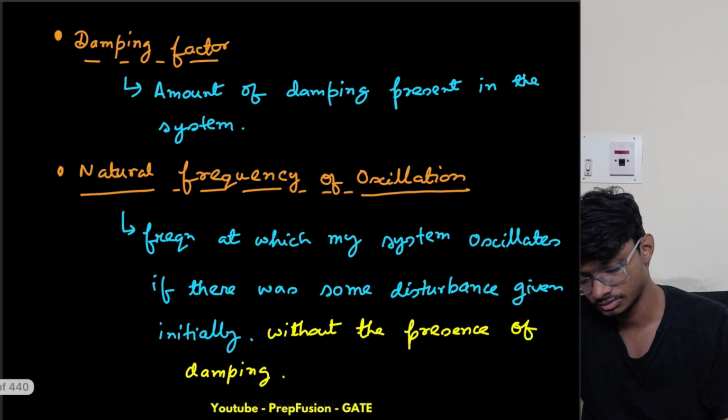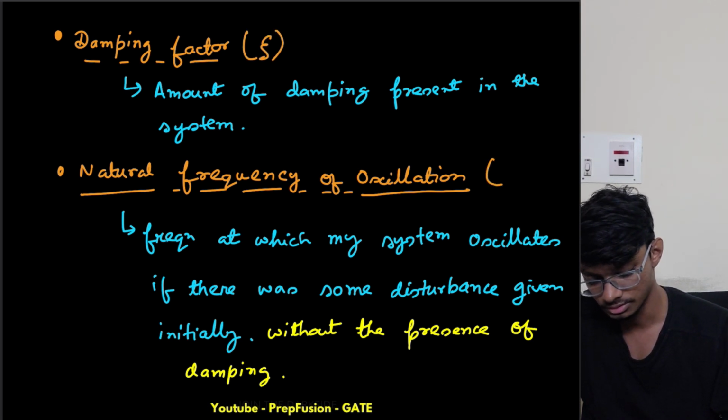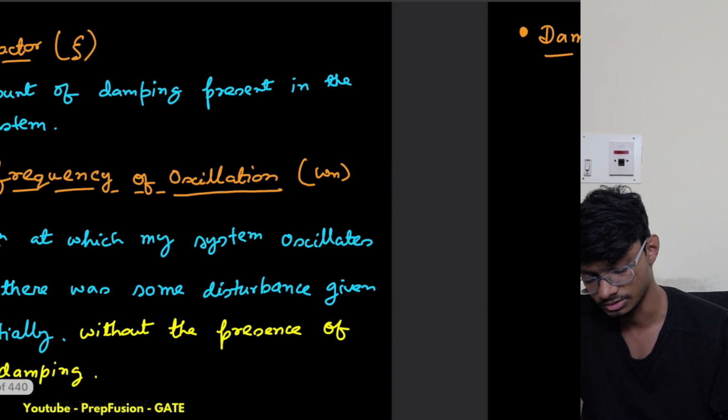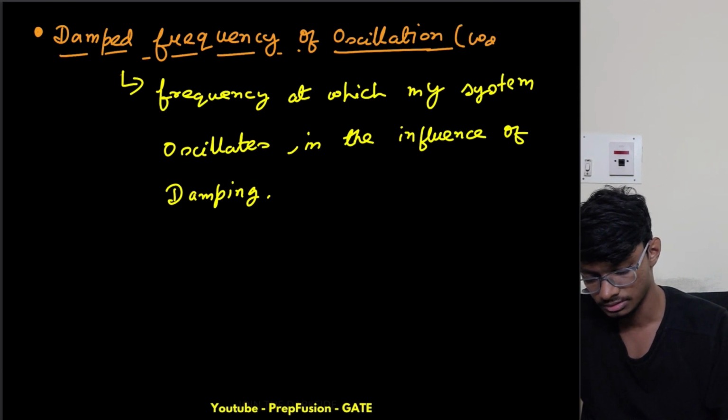This is the damping factor, known as zeta, this is known as omega n, the natural frequency of oscillation, and this is known as omega d.